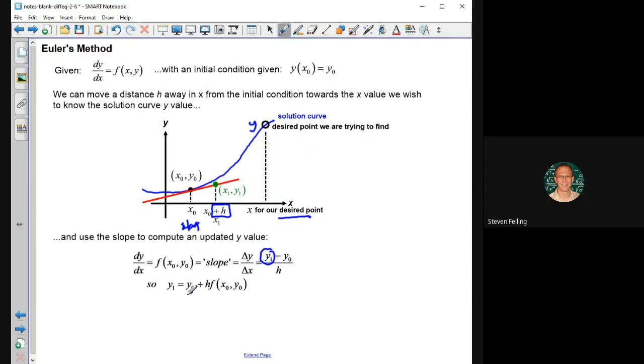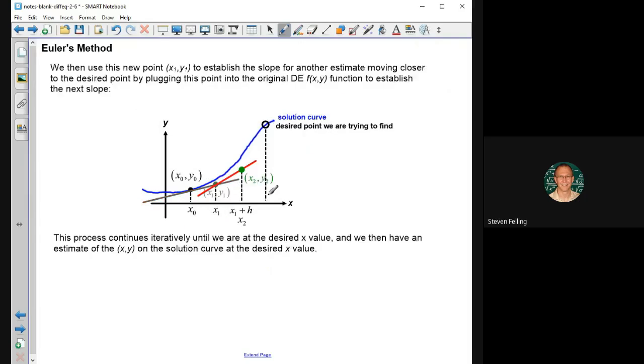y1 is therefore equal to the old y value updated by adding the step size times the value of the slope at the previous point. And then this is iterative. So we use that point as a jumping off point to do this over again. We go another step size h to come to x1 plus h, which we call x2.